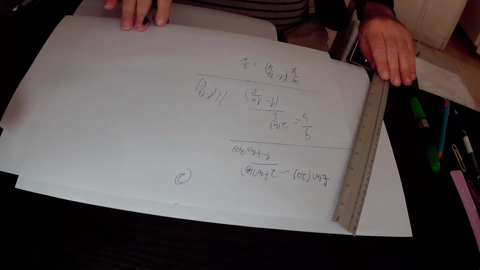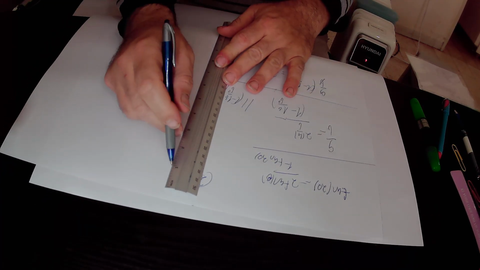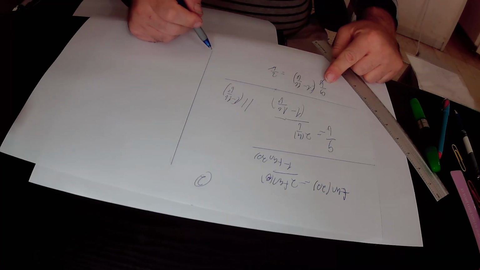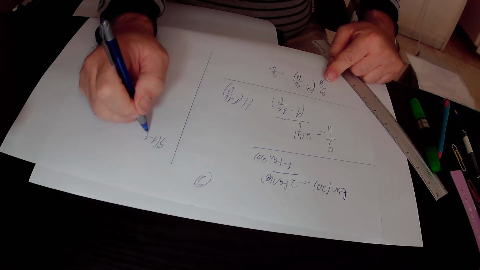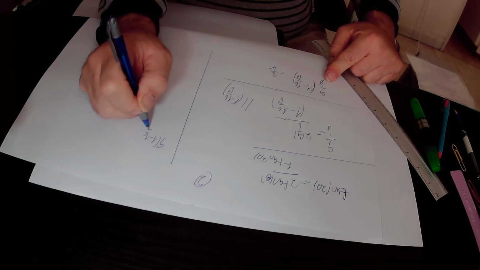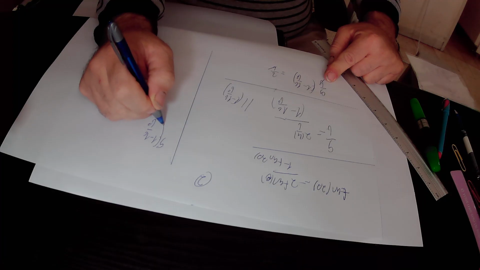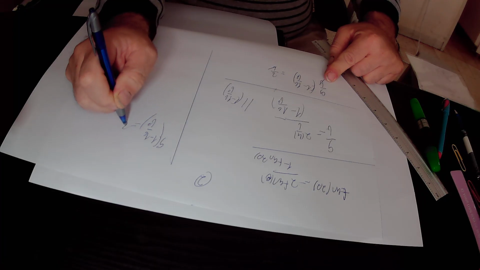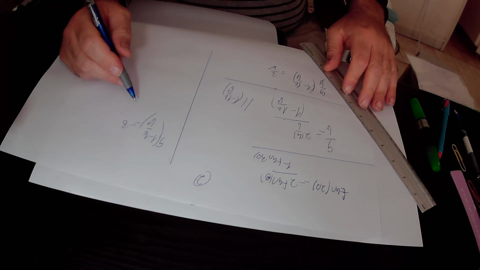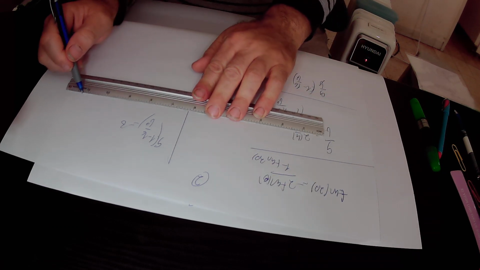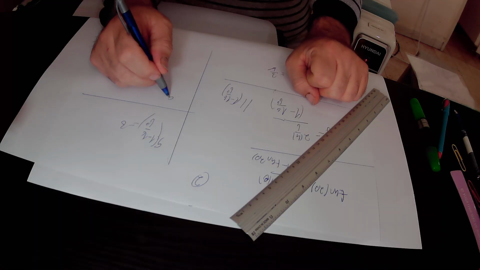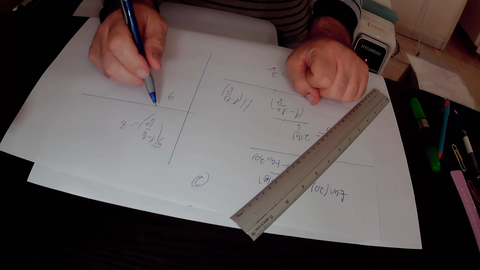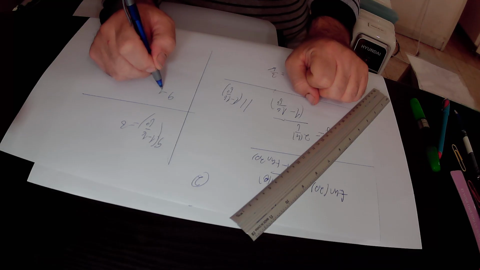After cancelling b, on this side of the equation we have 9 times 1 minus 16 over b squared equals 8. Here we open the brackets, and we get 9 times 1 is 9, and 9 times 16 is minus 144 over b squared.